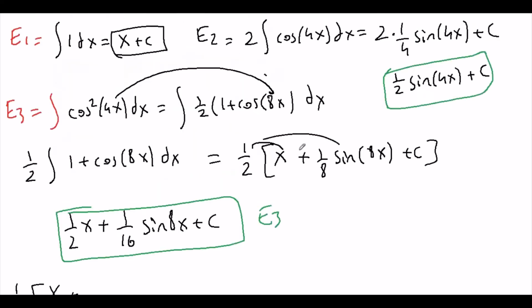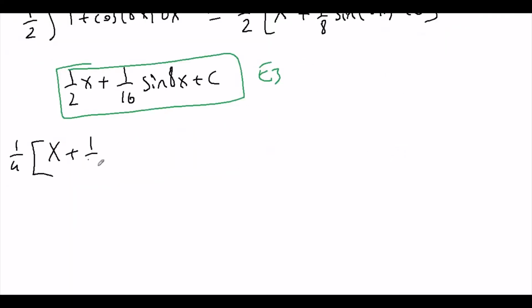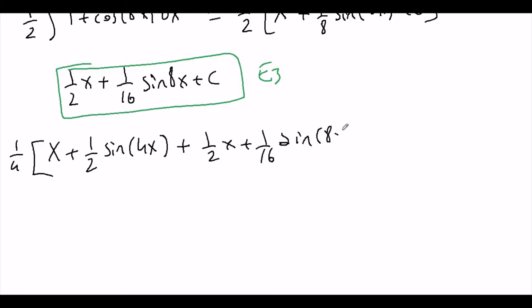Our E2 is 1/2 sine of 4x. And our E3 is 1/2 x plus 1/16 sine of 8x. We don't need c here, we can write c in the end for the big integral.